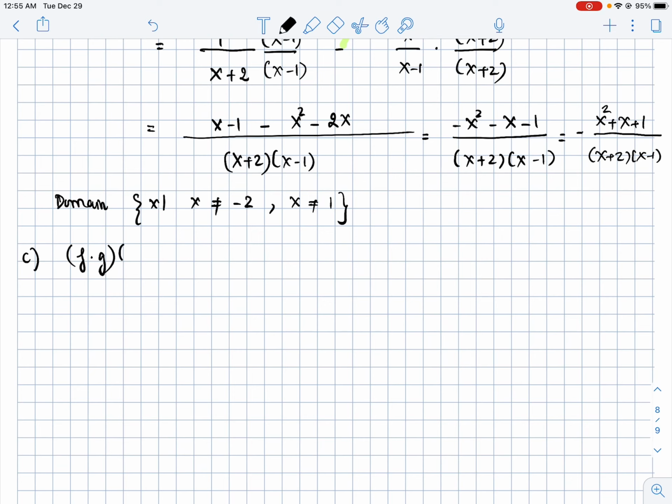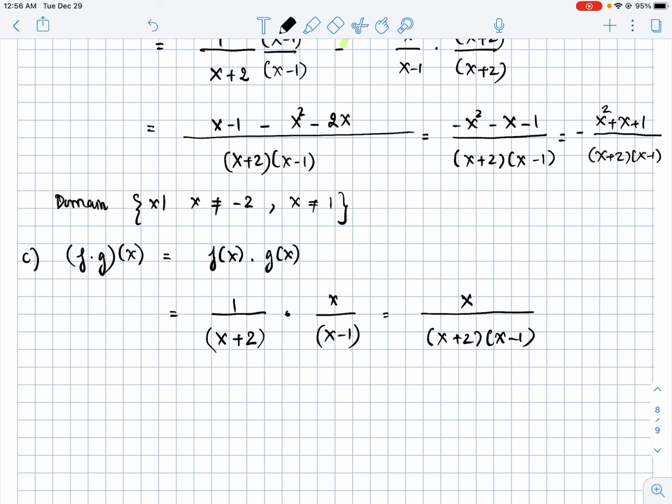In problem C, we want to find f times g, the product. We just multiply function f of x times g of x. For the multiplication, we're looking for factoring and cancellation, but we don't have anything to cancel, so you just write out the answer like this.